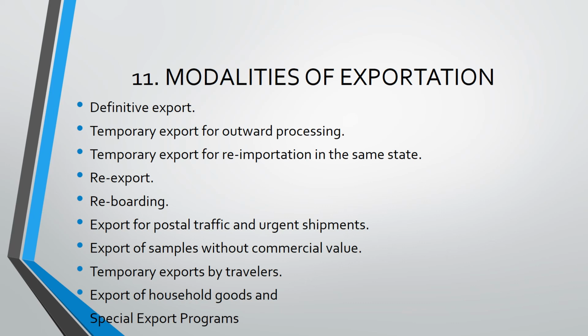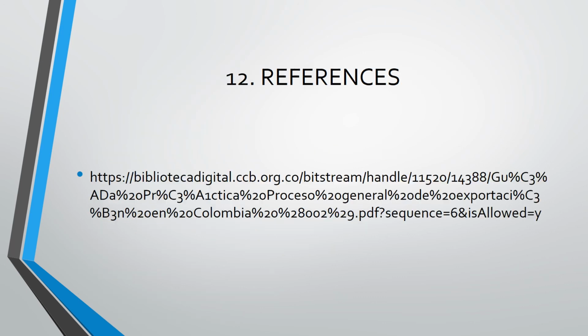Definitive export, temporary export for outward processing, temporary export for reimportation in the same state, re-export, reboarding, export for postal traffic and urgent shipments, export of samples without commercial value, temporary export by travelers, export of household goods, and special export programs.